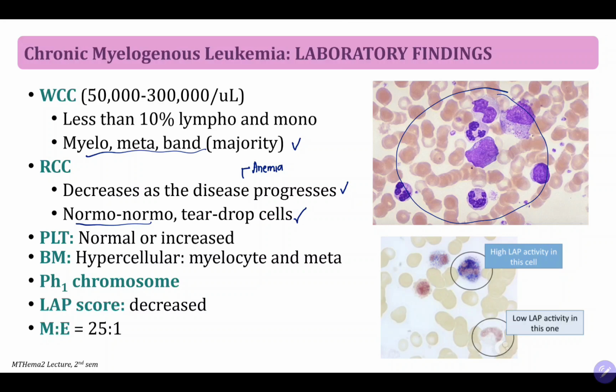Your platelets are either normal or increased. And the bone marrow picture shows hypercellular, kasi nga mataas si WBCs, with the presence of myelocyte and metamyelocytes. Again, your CML is PH1 positive or Philadelphia chromosome positive, and in cytochemical staining, LAP score is usually decreased, and the myeloid erythroid ratio is 25:1, which is increased.